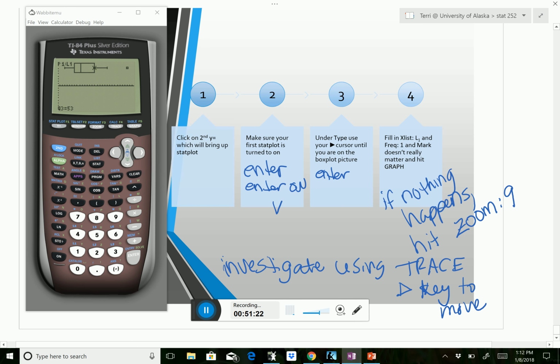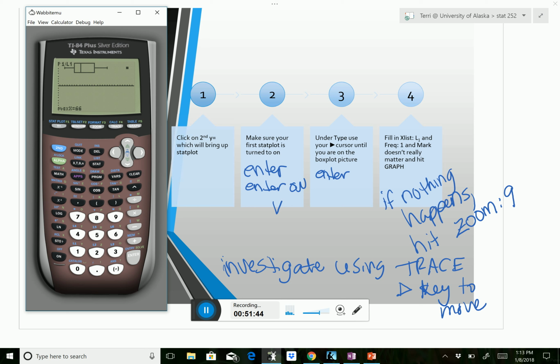It gives me the third quartile, and this one does not give me the max data because there is an outlier, and that outlier is 66. So it only gives me 58 here, and it gives me the max out here as an outlier.